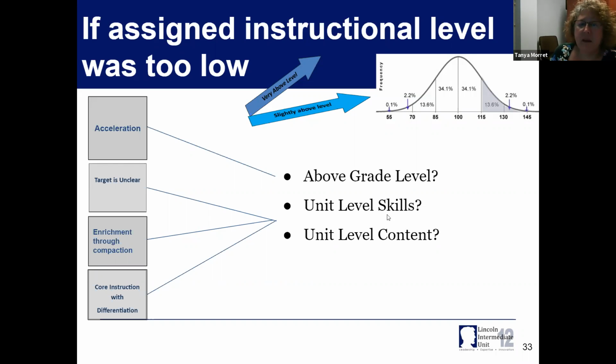And that's because, at any given unit, they might already have those skills, or they might actually even be beyond the whole grade level of skills. And these are our students who are really functioning up here. Now, I refer to them as advanced learners. Might there be some students identified as gifted in here? Yes.